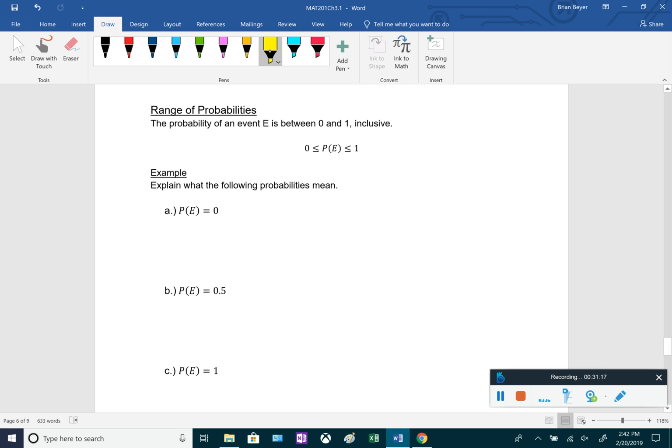That just means probabilities are always between 0 and 1. As a percentage, it would be between 0% and 100%. So if you're doing these questions and you don't get something between 0 and 1, you did something incorrect.